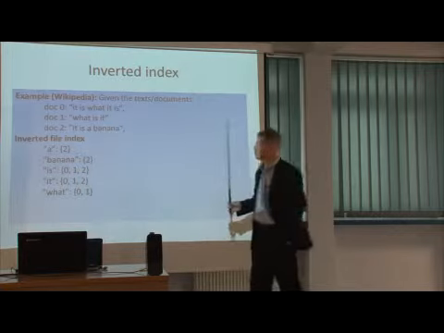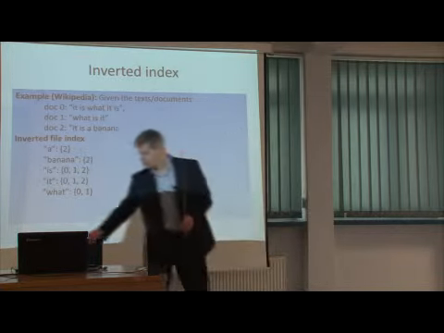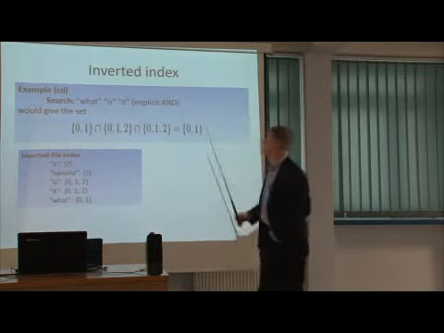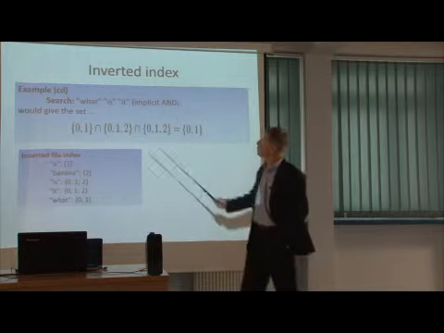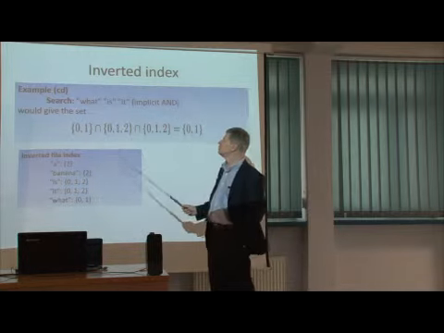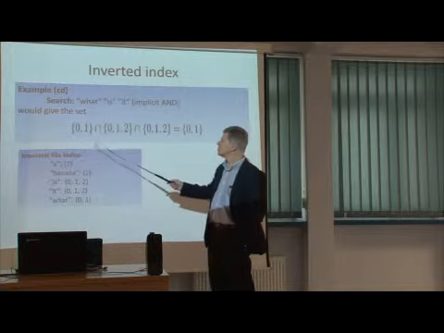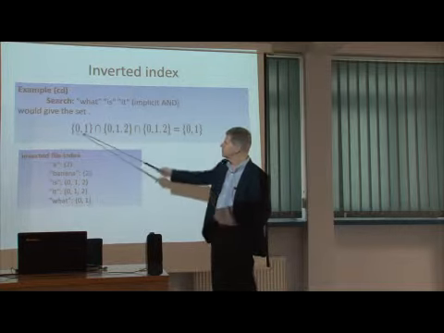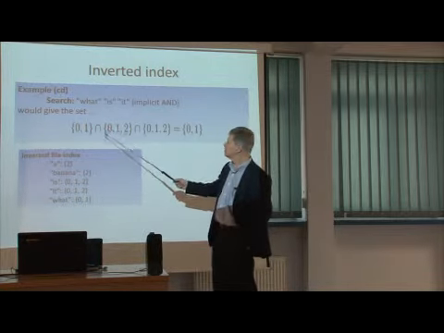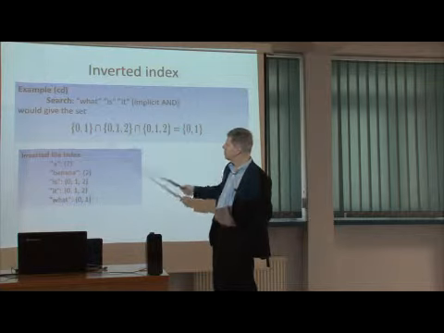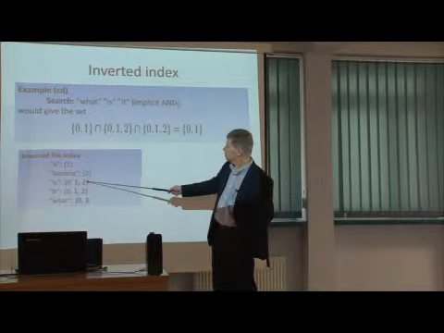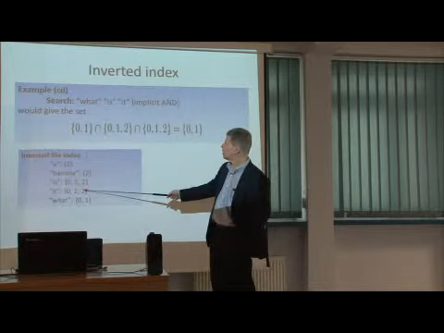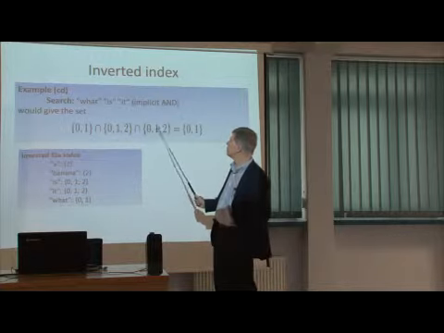The concept is relatively clear. If we do an AND search with the query "what is it", what happens is that we take "what", which is set 0, 1. We take "is", which is set 0, 1, 2, and "it", which is also 0, 1, 2.